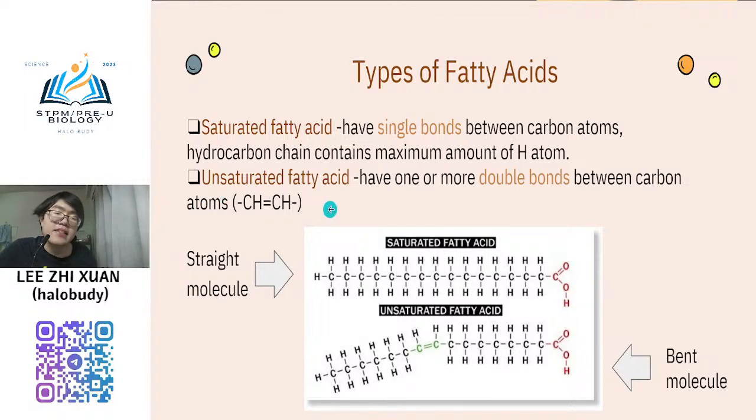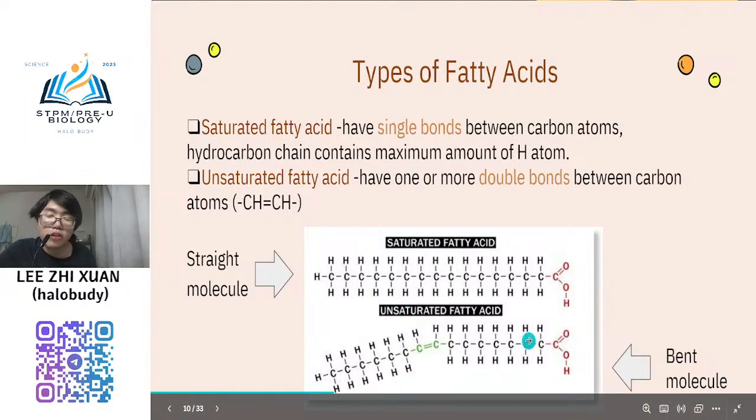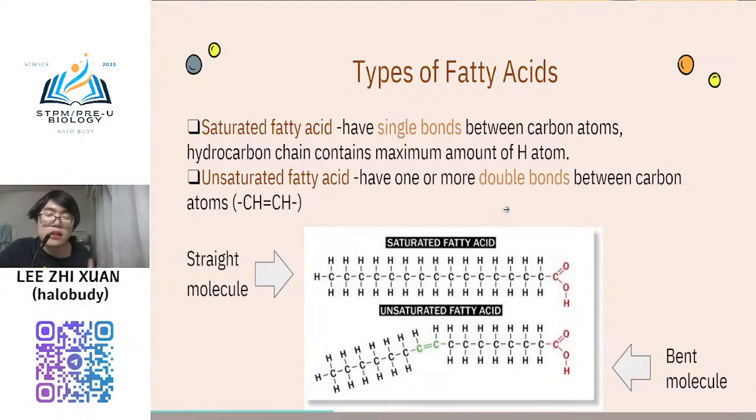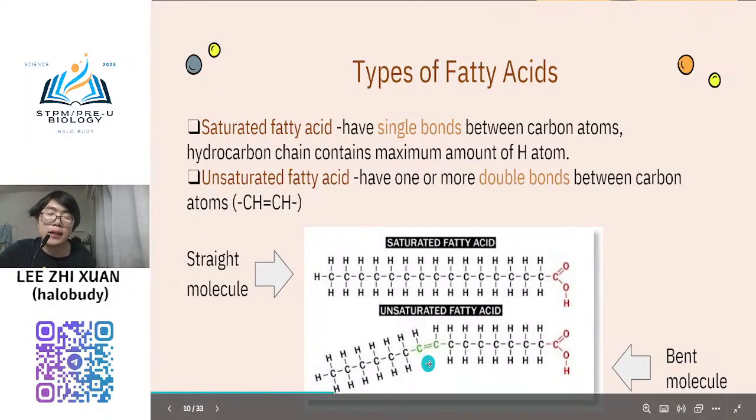But unsaturated fatty acid is an acid whose hydrocarbon chain contains at least one double bond. Not necessarily only one, but at least one. Maybe one, maybe two, maybe three, maybe four. They should have at least one double bond group.